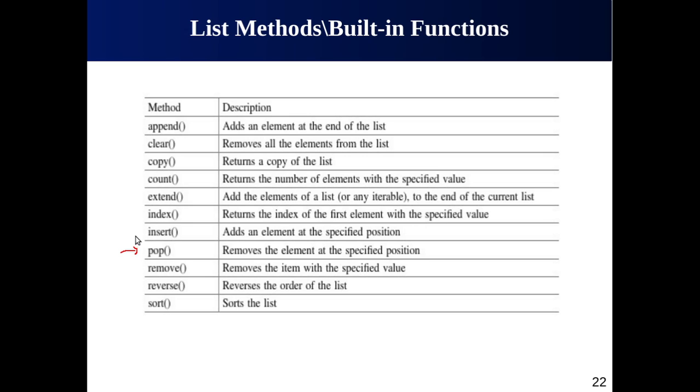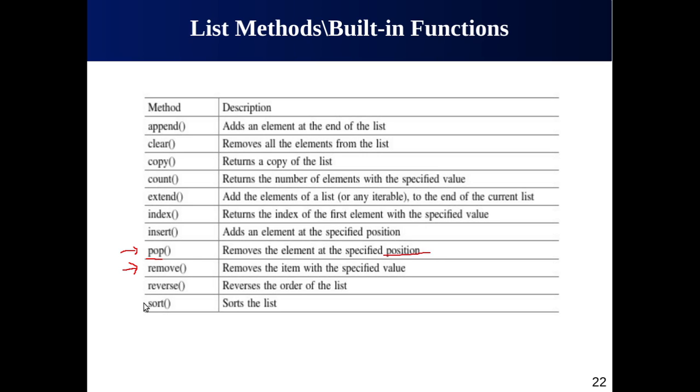It means removing the element at the specified location. So if you want to delete an element from the list when the index is given, then you can use this method. And remove removes the item with a specified value. So if the value is given, you have to use remove. If the index or the position is given, then you will have to use pop.